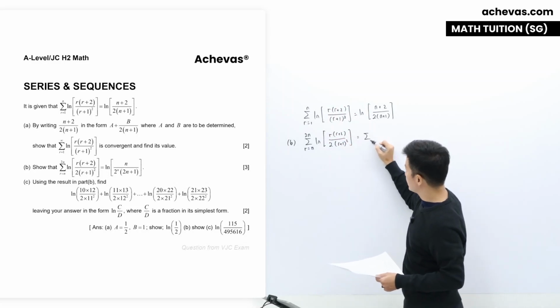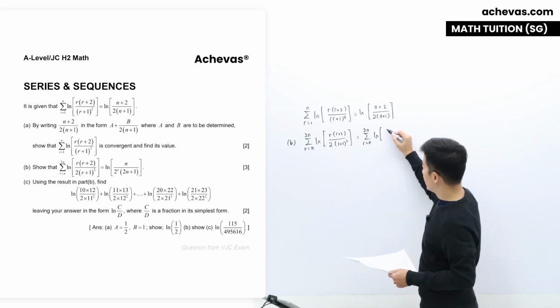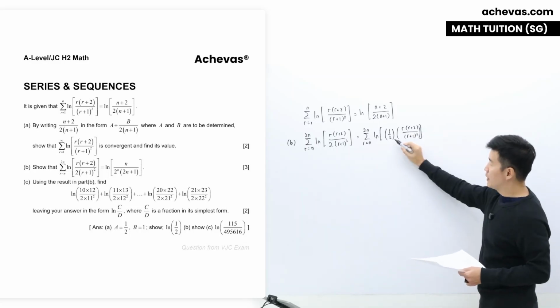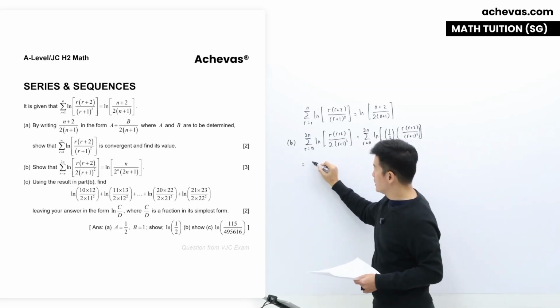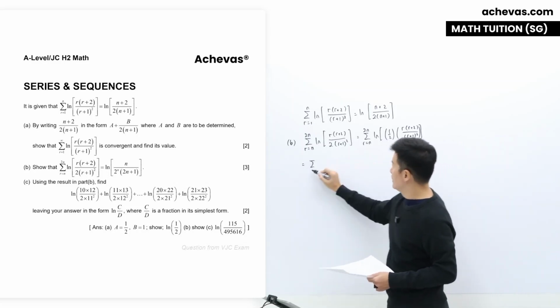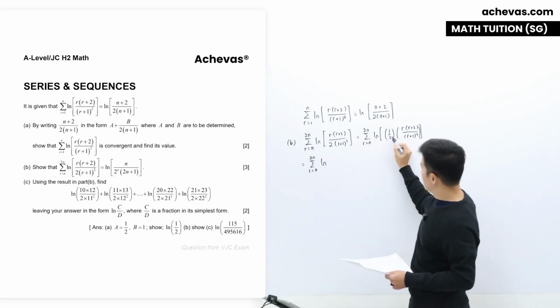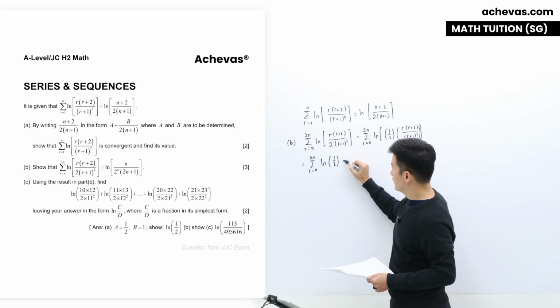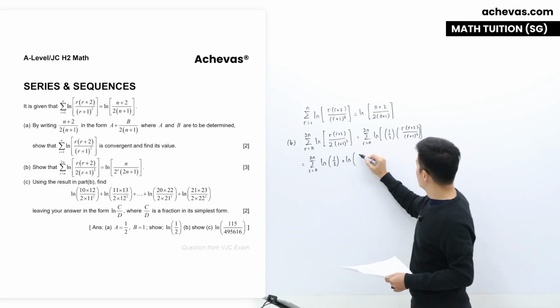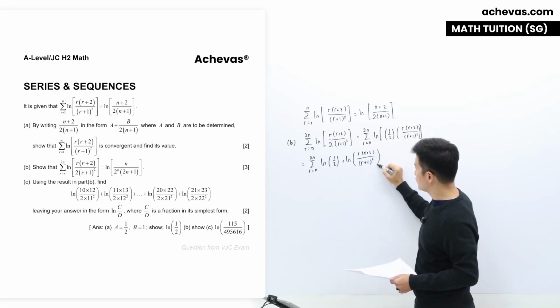What I'm going to do is apply the law of logarithm by rewriting this as a half multiplied by (r plus 2) over (r plus 1) squared. If I rewrite it into this form, then we can actually break this up into 2 parts. So we will be summing from n all the way until 2n of ln of this half, then plus ln of this, which is (r plus 2) over (r plus 1) squared.